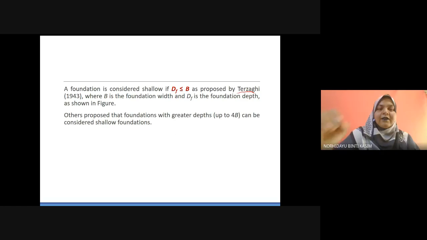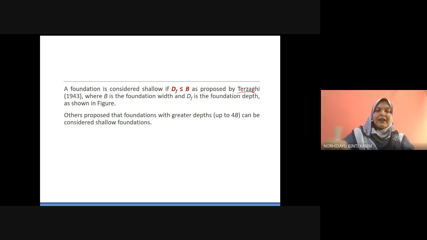Terzaghi proposed that if the Df is less than or equal to B, it is considered a shallow foundation. So what is Df? Df is the depth of the foundation, meaning the depth from the surface of the soil to the bottom of the foundation.